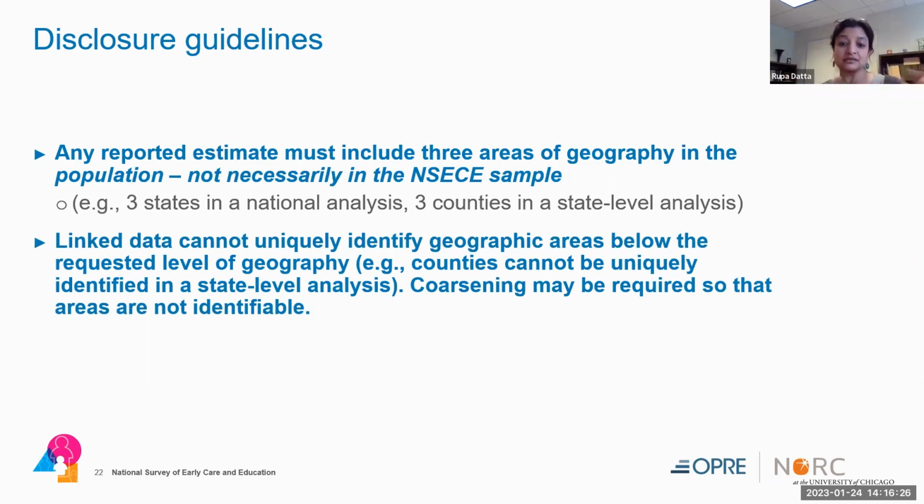So it gets a little complicated. We can refer you to the level 2 packet, which is available on the OPRE website and has more detail, and we're happy to always talk to folks. I'm mindful of the time, so I think that we should probably move on for now.